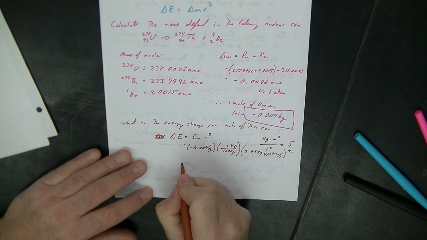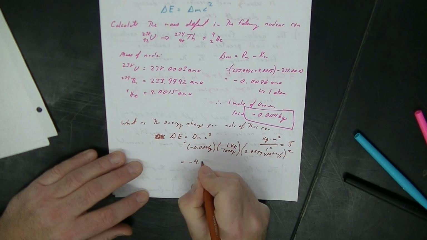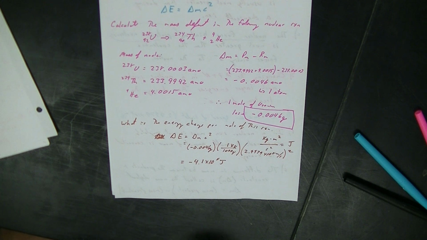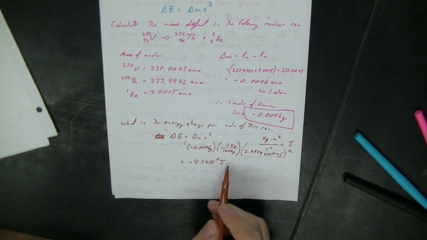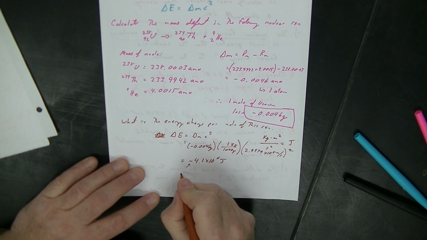When we do all this math, we end up with negative 4.1 times 10 to the 11th joules, or kilogram meter squared per second squared. Now, the negative means that the energy is given off.